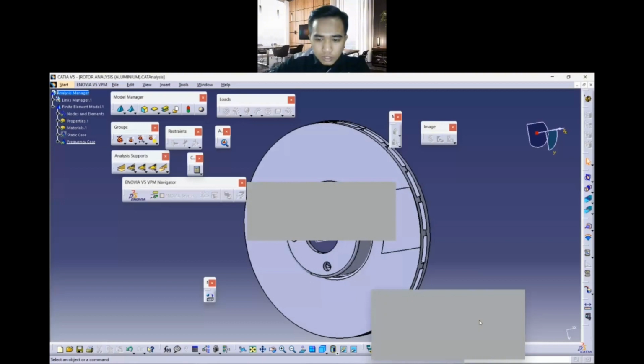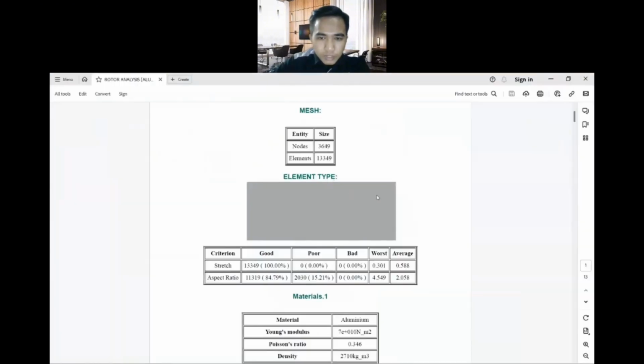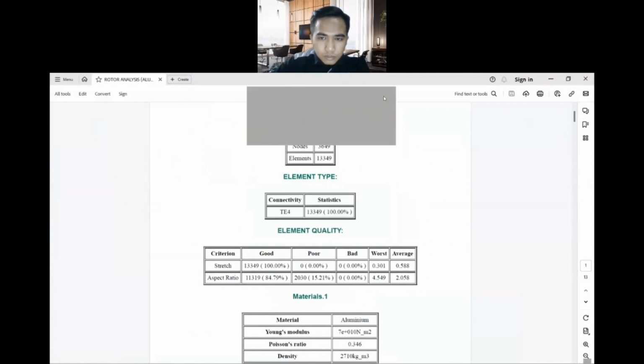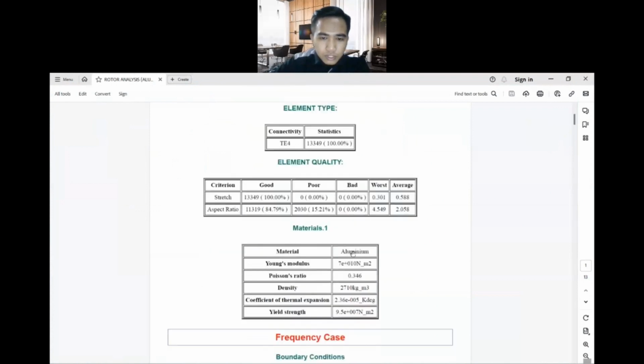Starting with the material of aluminium. This is the analysis of aluminium. The Young's modulus is 7 power of 10 Newton per meter squared.